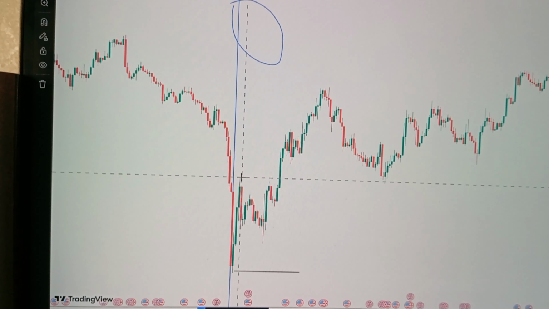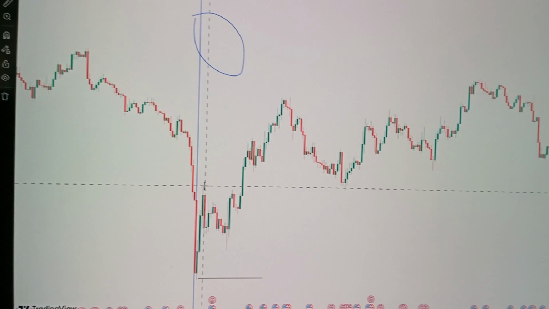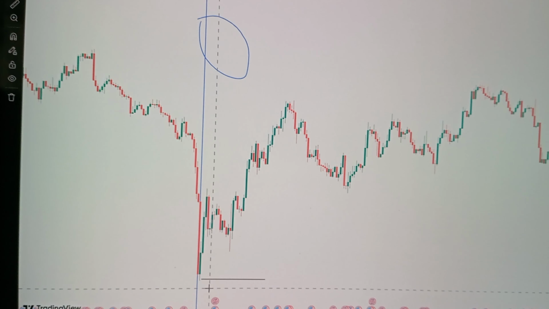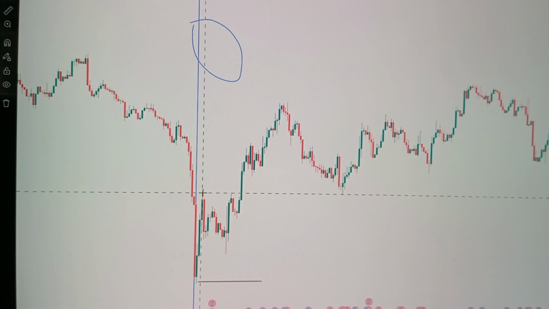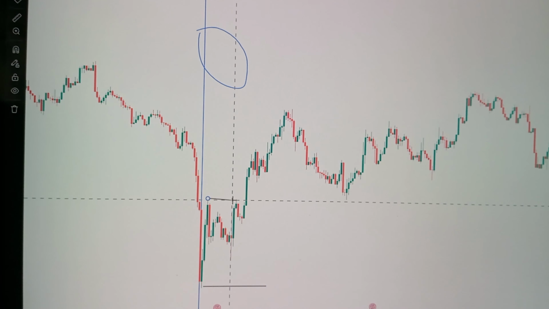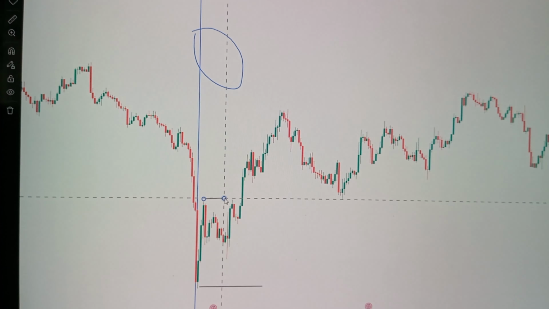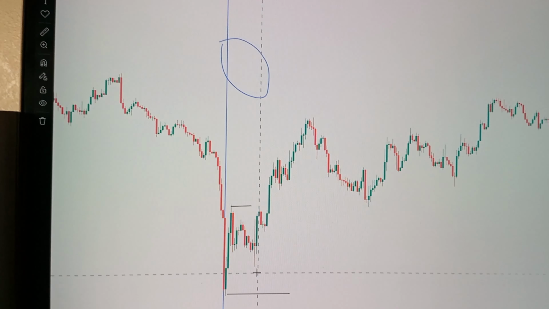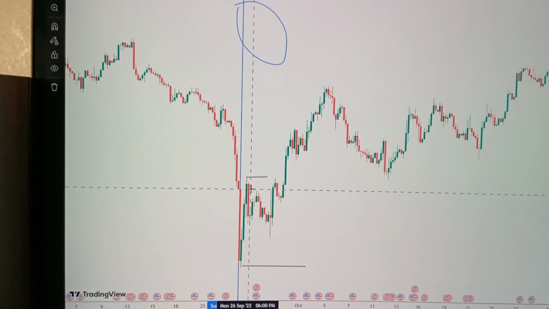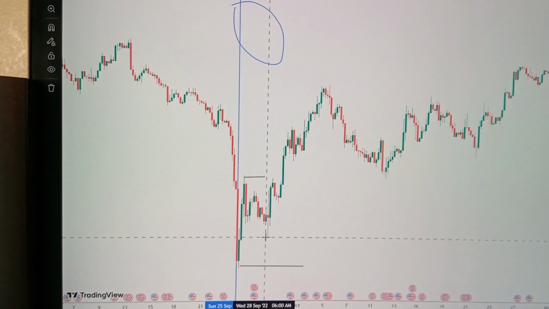Now we are still doing the same market structure for you to understand. This is the low. I marked it out. The market gave you this low, and then it gave you this high. That high sold down to give you this low.